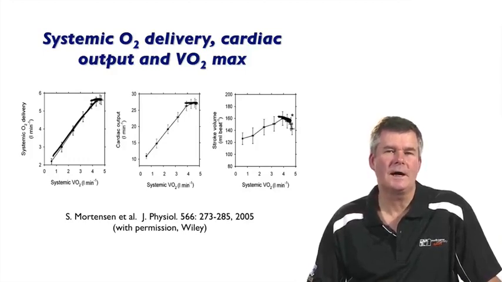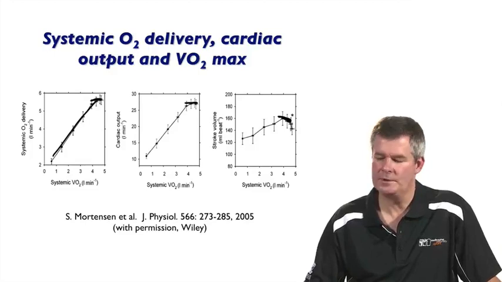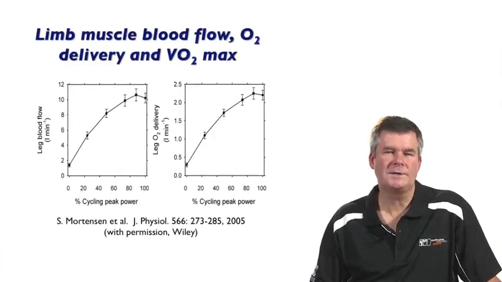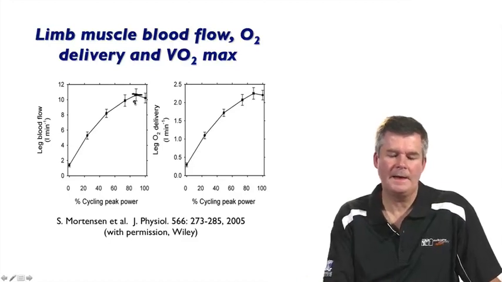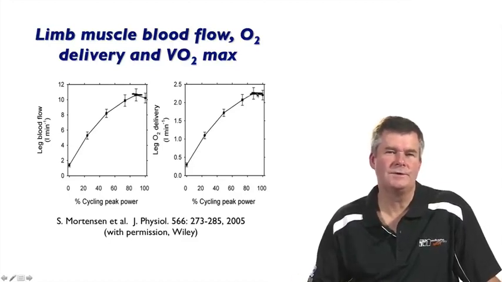And although heart rate can increase slightly up to its maximal level, this slight reduction in stroke volume means that cardiac output can no longer increase. This has the consequence of limiting the leg blood flow and the leg oxygen delivery. And it's thought that this is an important factor in determining the maximal oxygen uptake.